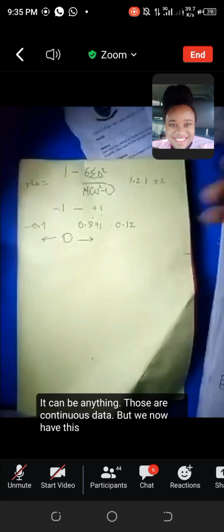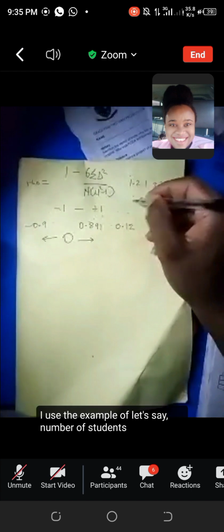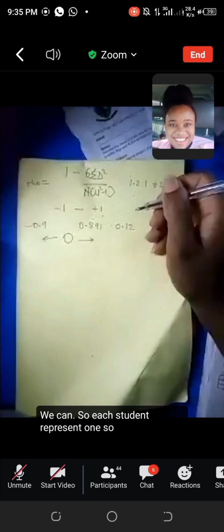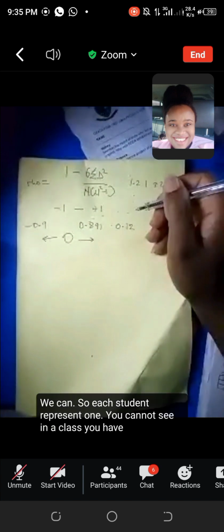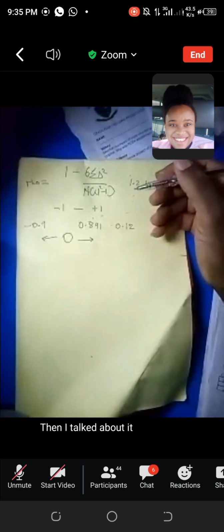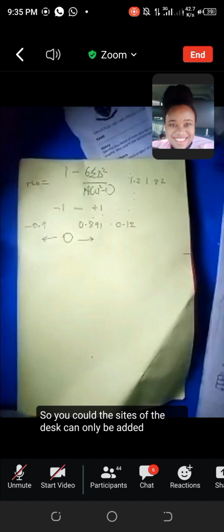But we now have discrete data. I use the example of, let's say, number of students in a class are 10. So each student represents 1. You cannot say in a class you have 1.5 students or 2.5 students. Then I talked about a dice. If we have a dice that has 6 sides, the sides of the dice can only be 1, 2, 3, 4, 5, 6 straight.